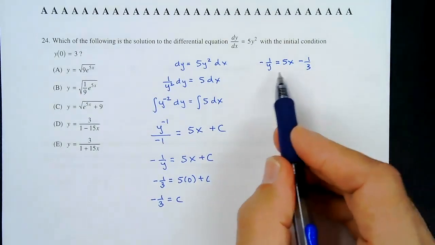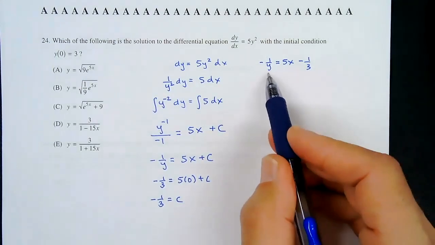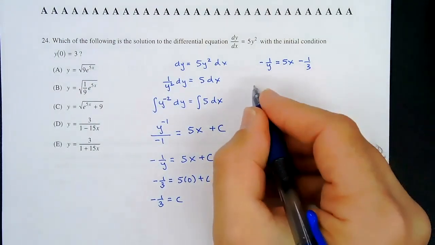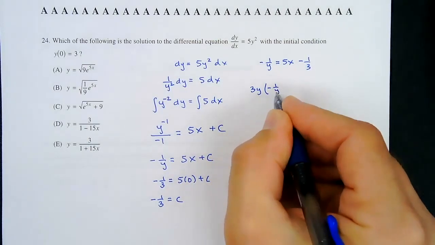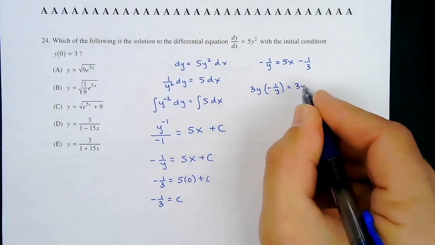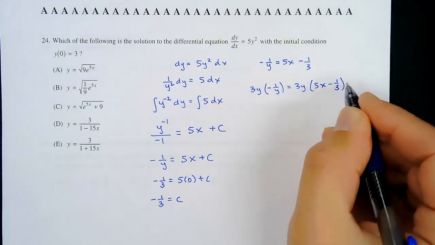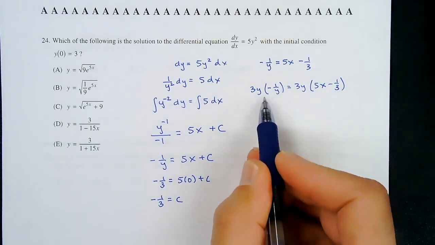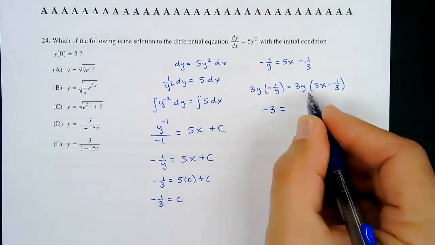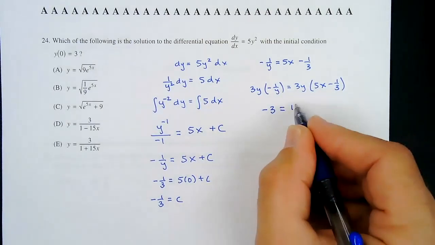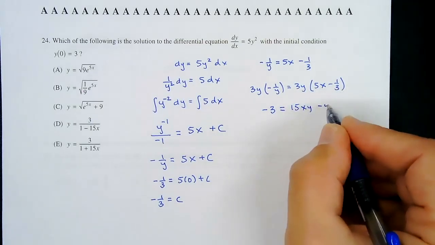And then I'm going to clear out my fraction. So I'm going to multiply both sides by, let's say -3, or let's just say 3y. So 3y times -1 over y is equal to 3y times 5x minus 1/3. And so this is going to become -3 is equal to 15xy, and then minus y.